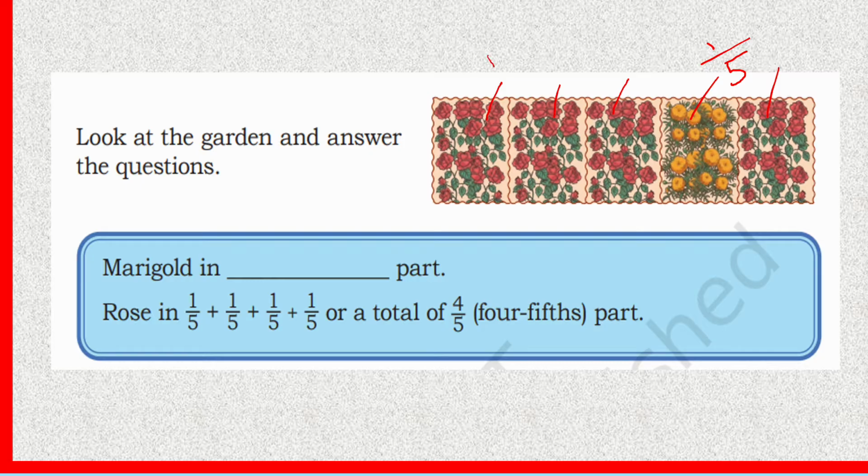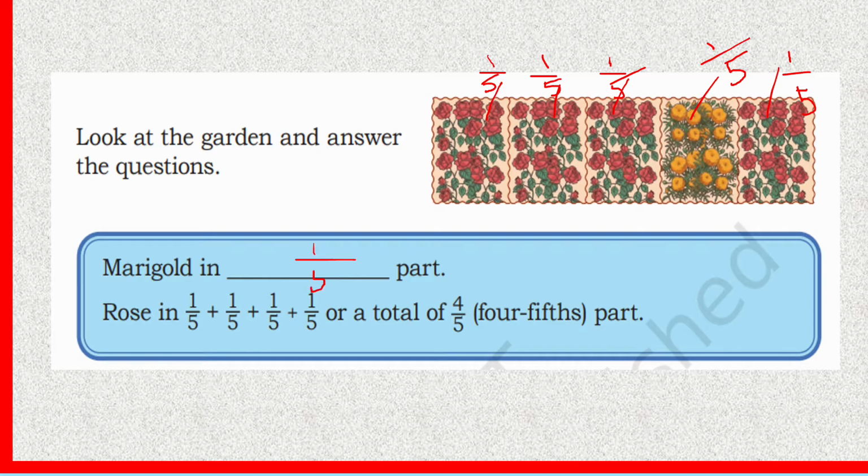See, this part is 1 by 5. Then next part 1 by 5. The next part 1 by 5. The next part 1 by 5. So out of 5, 4 parts have rose plants. So marigold is in 1 by 5 part.